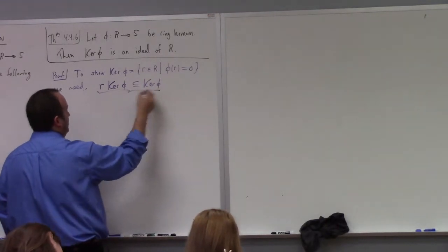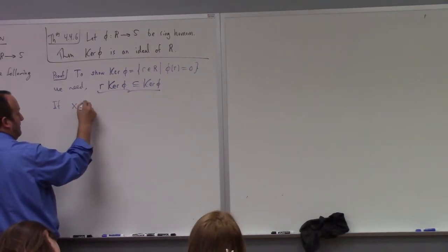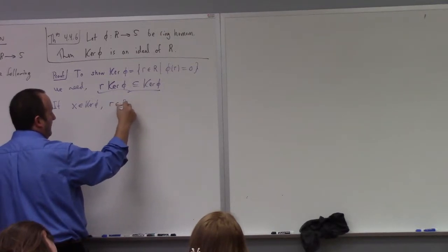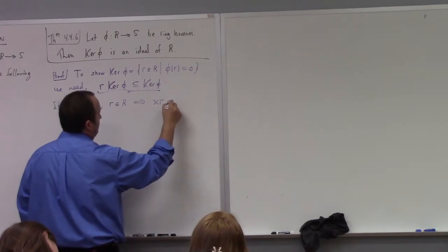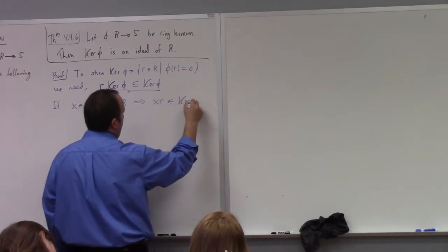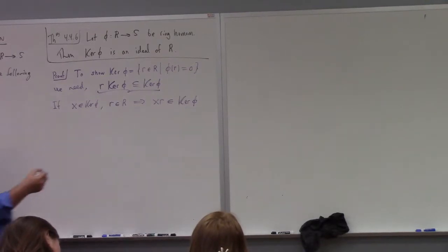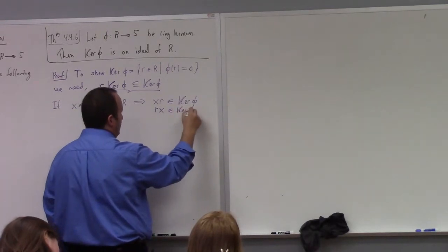Now, to put that into elements, let's say x is in the kernel of phi and r is in the ring, that should imply that xr is again in the kernel. And if I haven't assumed that the ring is commutative, I better check that rx is also in the kernel, right? I think I need both of those.